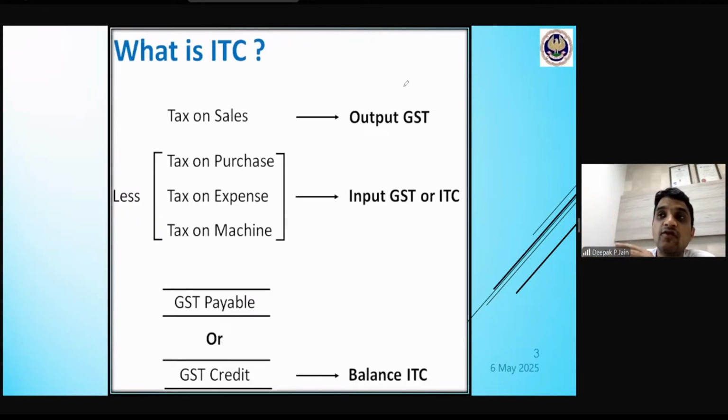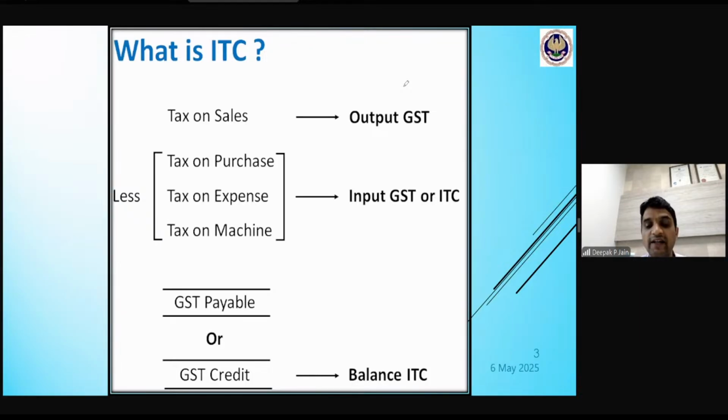First scenario: when you are starting up your business. You have purchased machineries. Machinery values are huge, and the supplier has charged GST. So when you buy huge machineries, you will have huge credit. Your sales will be very less. In that scenario, your input is more than your sales. So that is the GST credit which is available.